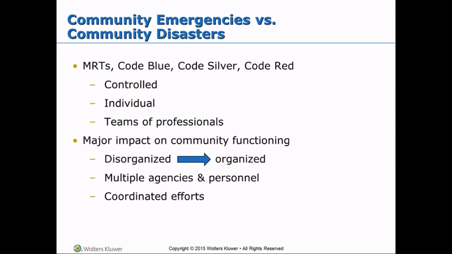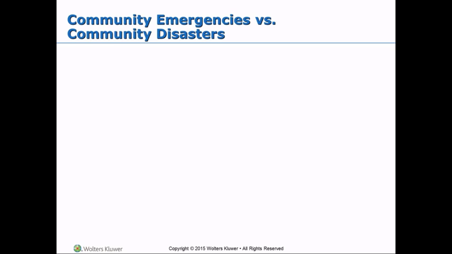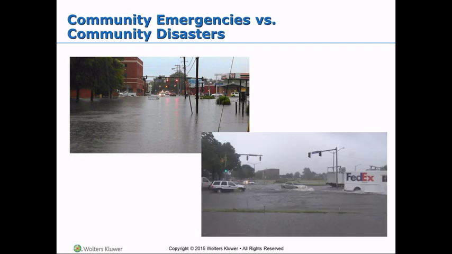A local recent emergency was the tropical storm that caused massive flooding in our area. This emergency required coordinated efforts by emergency personnel such as police, EMS, fire and rescue, as well as actions by power companies, road companies, waste removal companies, and insurance companies.